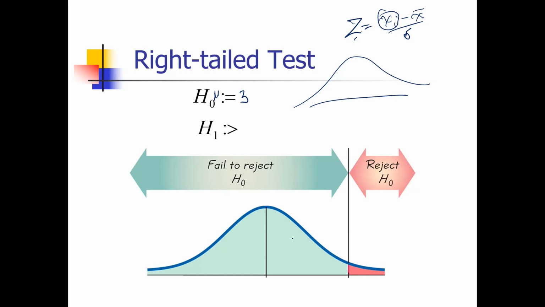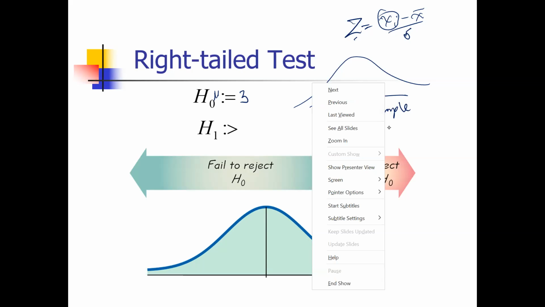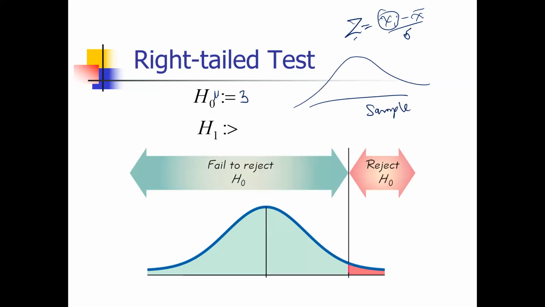So what you are trying to do is to say, let me collect sample data, because you prove the claim with a sample. From this sample, find the average in that sample.